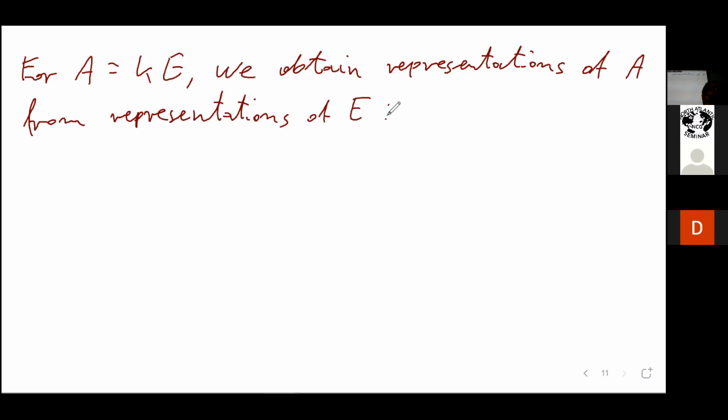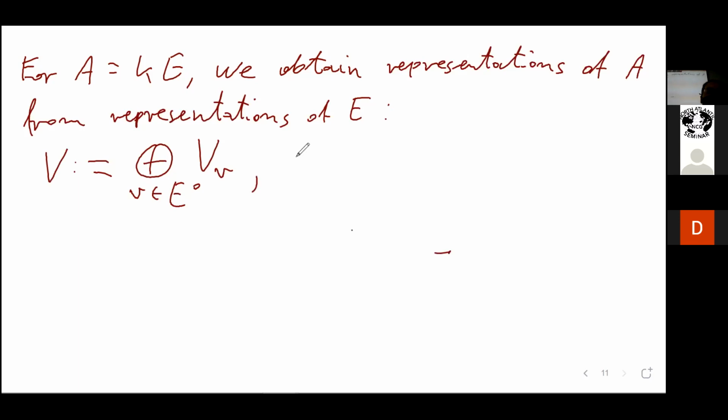In the following manner. First, I have to give you a vector space, and I can define it as the direct sum over all vertices v in E0 of V_v. So that's by definition my vector space.